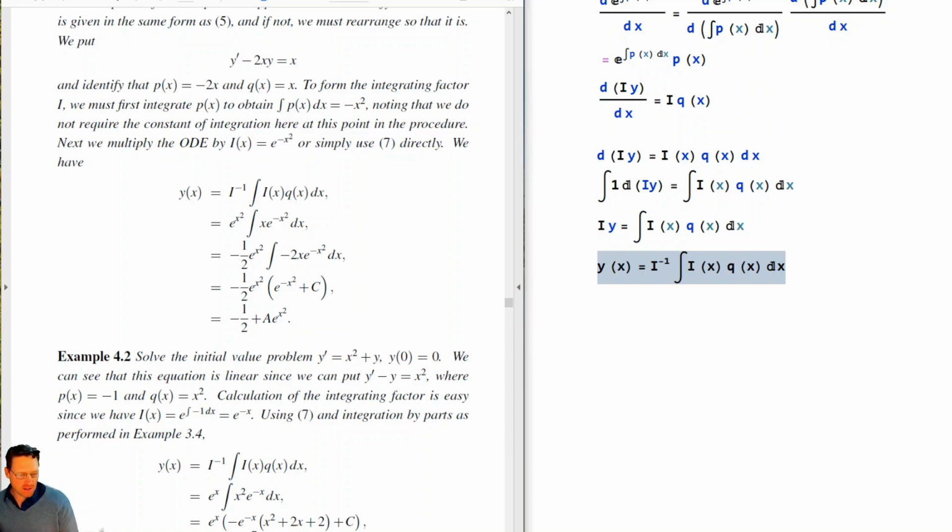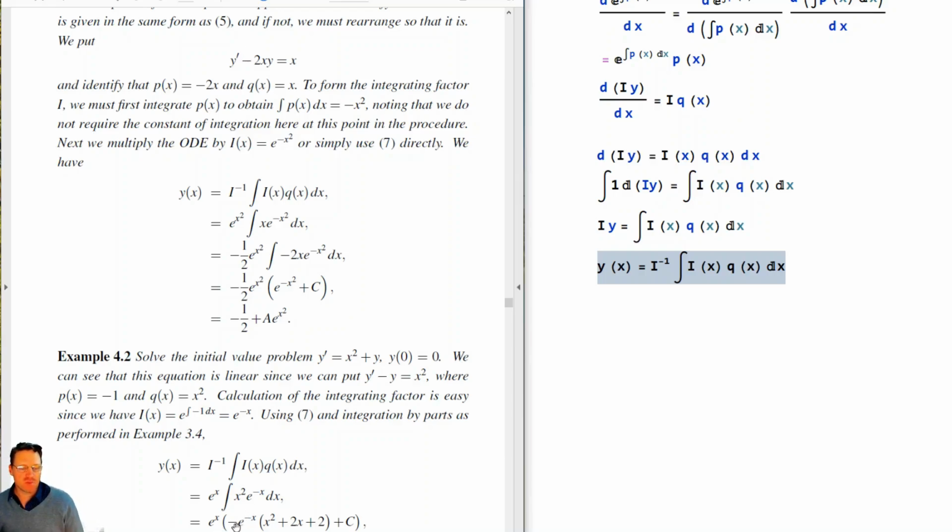And so we got −e^(−x) times (x² + 2x + 2), plus our constant of integration c. Okay, so now we need to expand in e^x, which was the multiplicative inverse of the integrating factor I. We multiply that in there, and we can see that it will allow us to cancel the e^(−x), because we add the exponents: e^x multiplied by e^(−x) gives us e^0.